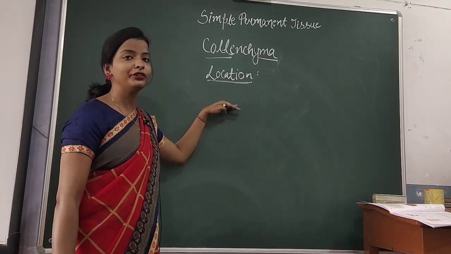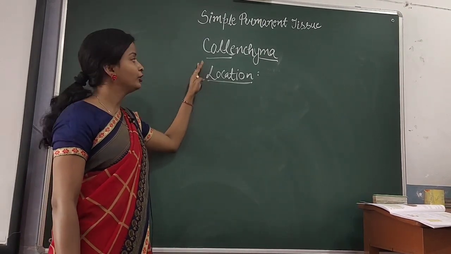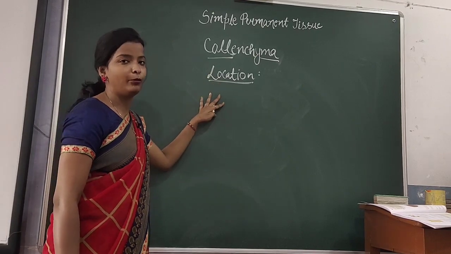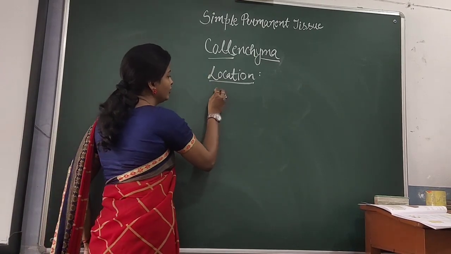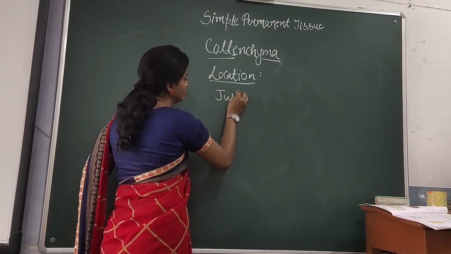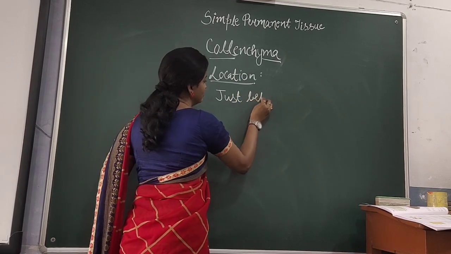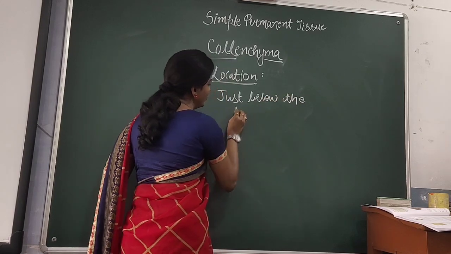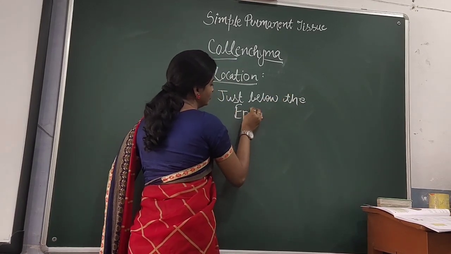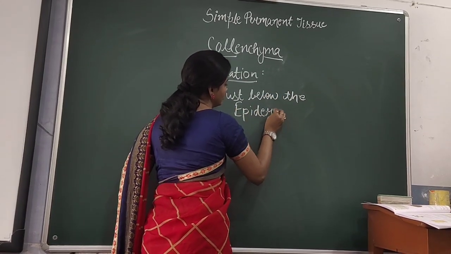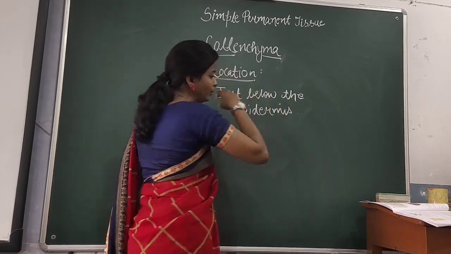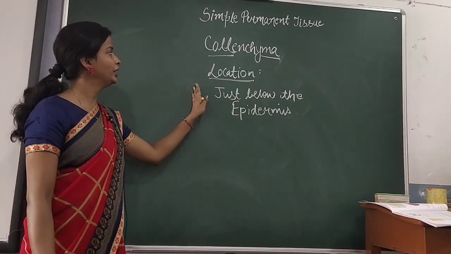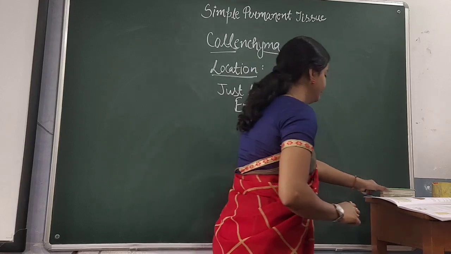So you can say it is the second layer. Location is the second layer of the plant body. So just below the epidermis, it is the location of the collenchyma.